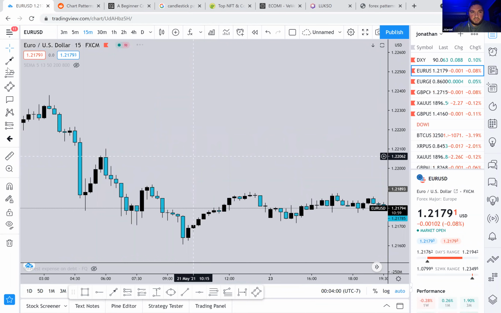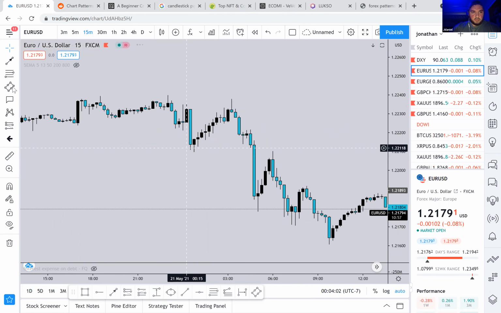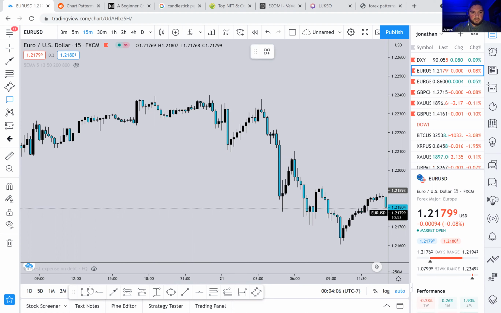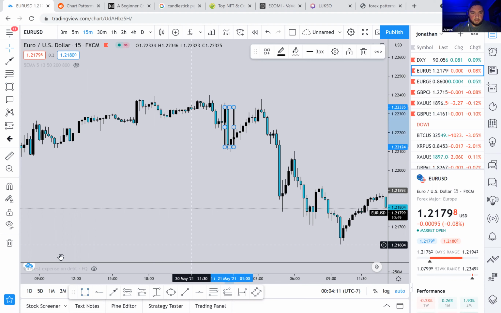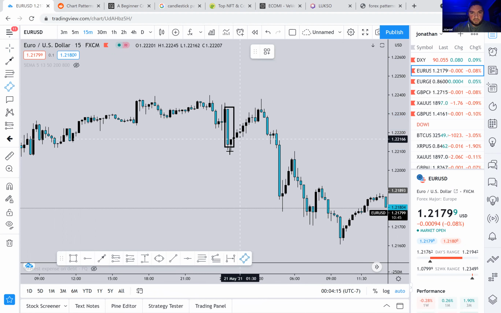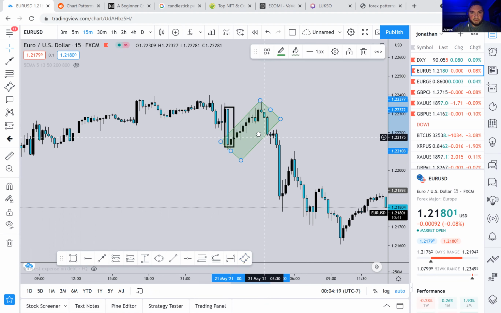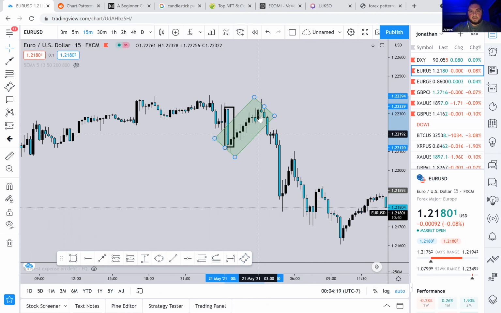So this here, sorry guys, is going to be the same thing. Bullish flagpole, and then this here is going to be the actual bearish part. So this is a bearish flag. You have the pole, and you have the consolidation to continue the bearish move. That's what that one is.